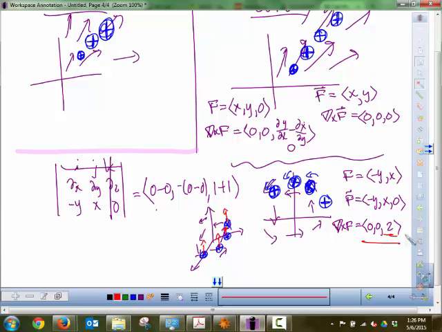So this can easily, or not easily, be seen in 3 dimensions.